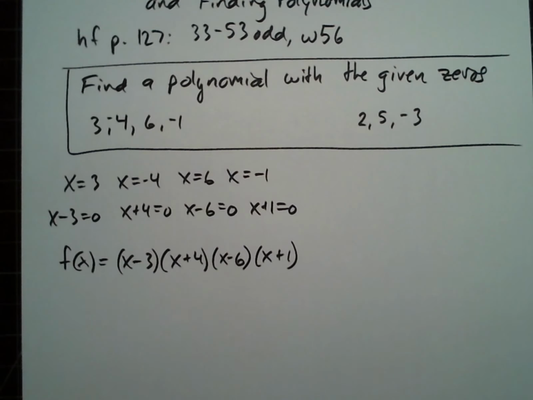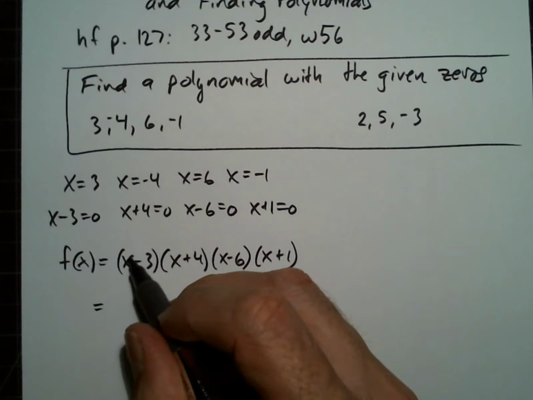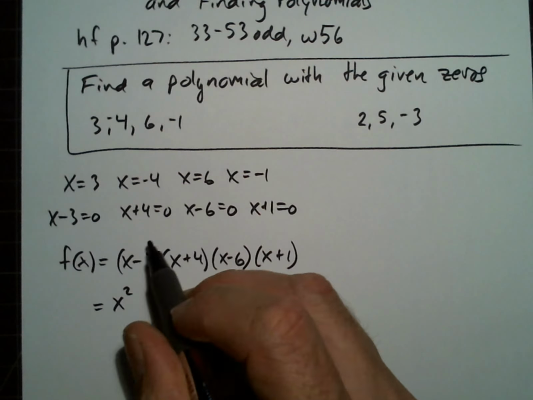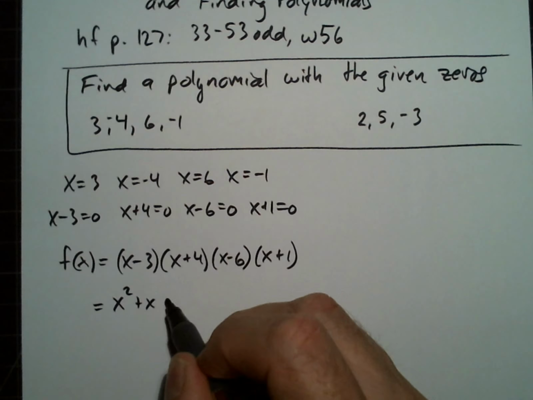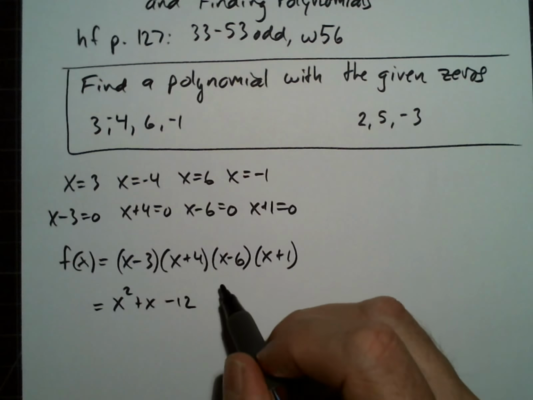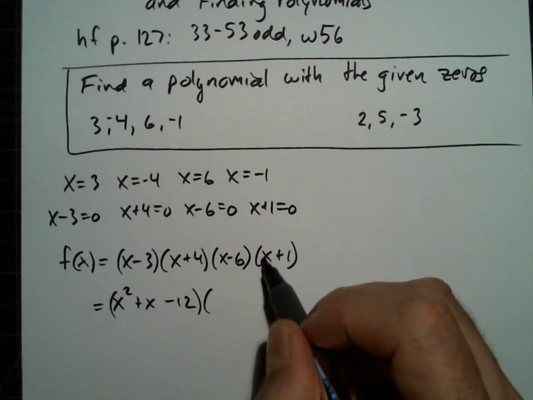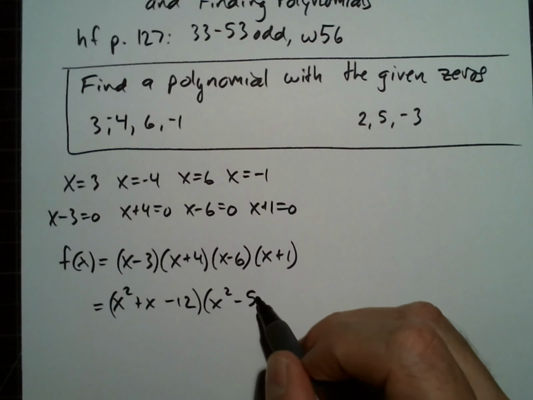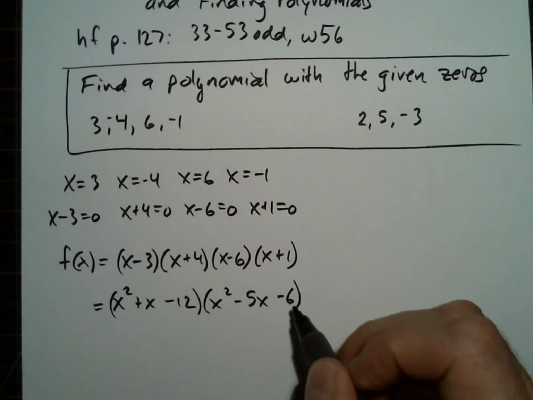and let's go ahead and multiply all that. So this will be x squared minus 3 plus 4 minus 12. And on this one we'll have x squared minus 6 plus 1. It's a negative 5 minus 6.